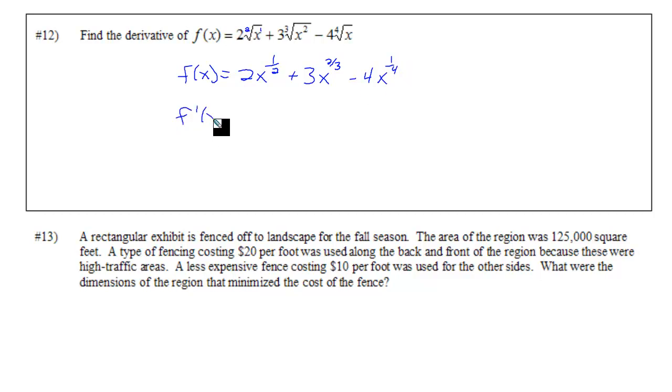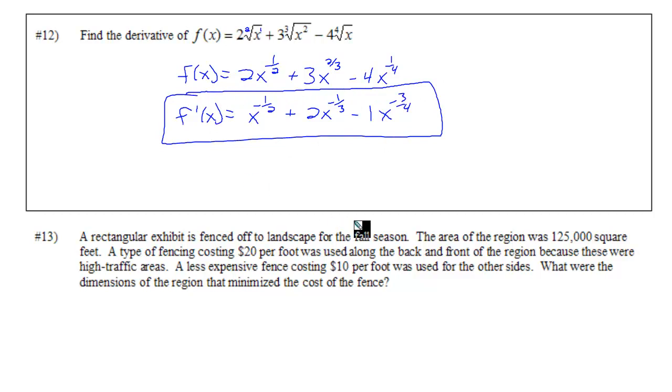So when you find the derivative, 1/2 times the coefficient of 2 gives you 1. Subtract 1 from the exponent. Plus 2/3 times 3 is 2. Subtract 1 from the exponent is -1/3. 1/4 times 4 is 1, but you don't have to write the 1. You can just write subtract x. Subtract 1 from the exponent, and you get -3/4.